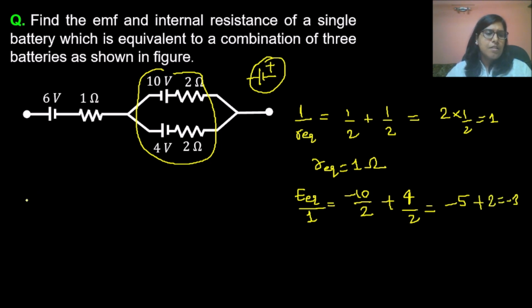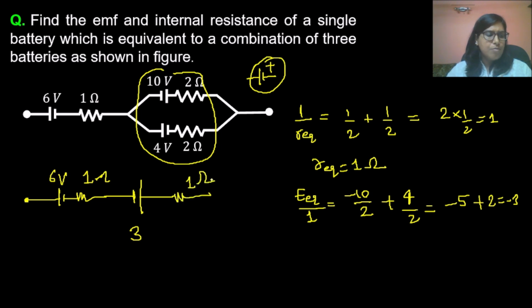That means this parallel combination will be like this. Negative means we have considered this direction positive, so the net EMF will be in the opposite direction. So this is 3 volt and internal resistance is 1 ohm.